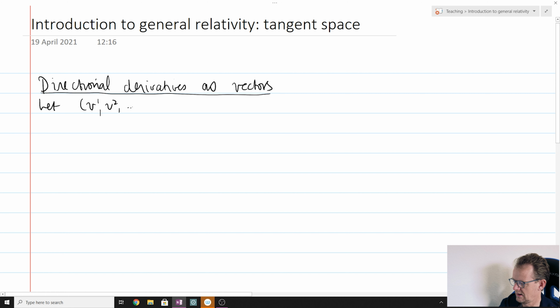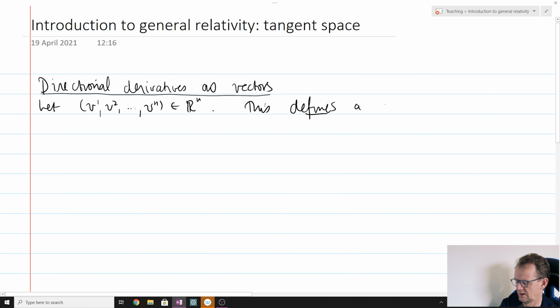You start with an n-tuple of numbers from Rn, in other words, a vector, components of a vector. And you note that this defines a directional derivative according, or via, the following formula.